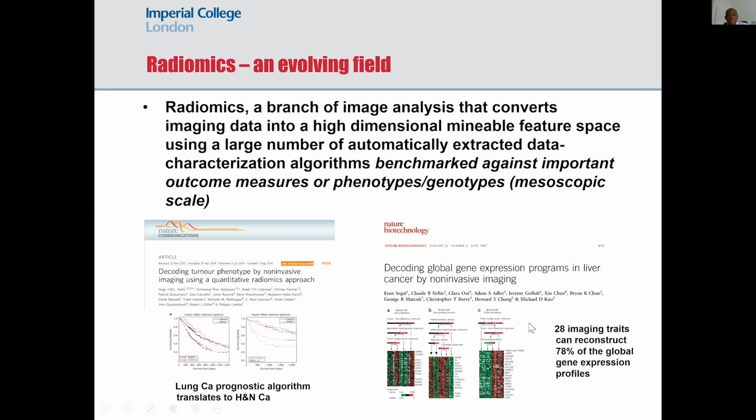Subsequently, in 2014, Hugo Aerts and Philippe Lambin, and their collaborators, were able to also show that there was a strong relationship between radiomic features and gene expression. But importantly, also showed that there were very strong prognostic features for lung cancer, which also translated to head and neck cancer.